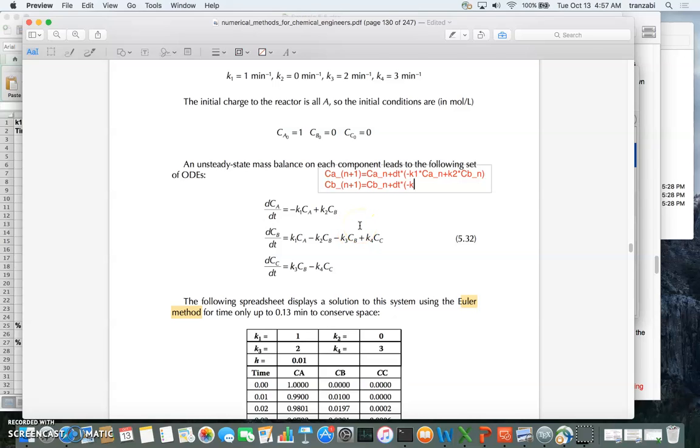So it's going to be plus K1 times Ca at time n minus K2 times Cb at time n minus K3 times Cb at time n plus K4 times Cc at time n. So this is a bit long, so I have to move it over here. Alright, so we can go ahead and do the same thing with this third equation. Okay, let me just do that.